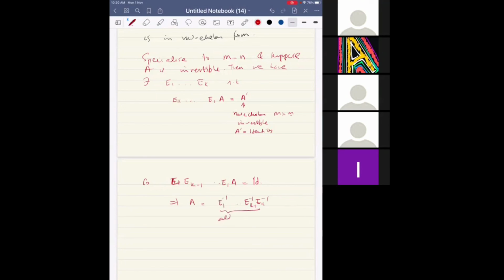So these are all elementary matrices. This implies any invertible matrix is a product of elementary matrices.